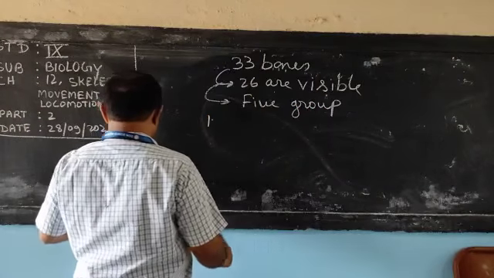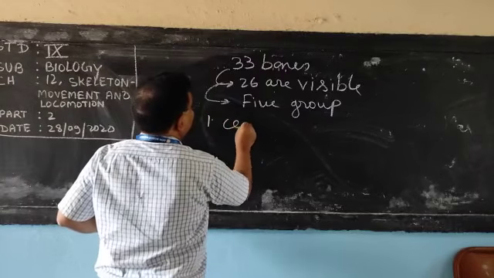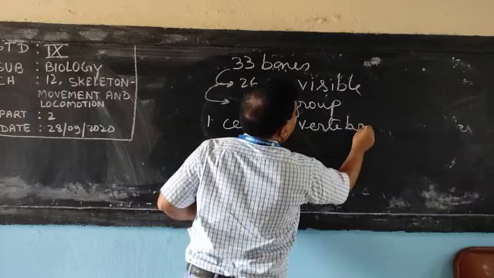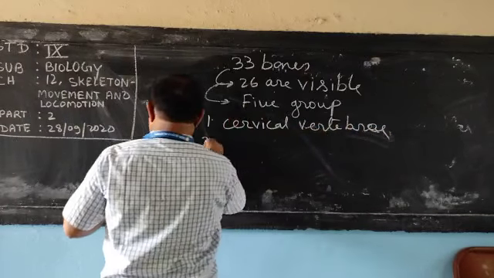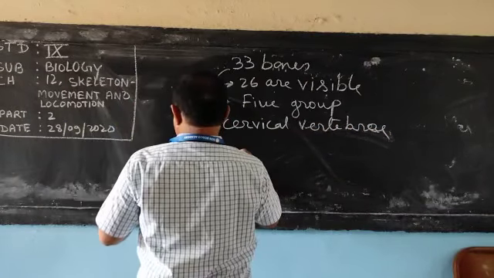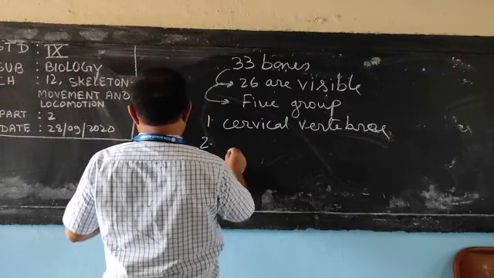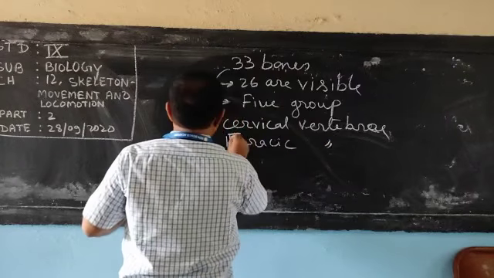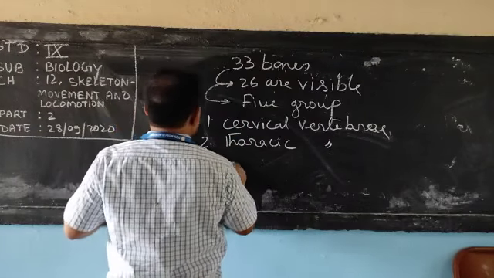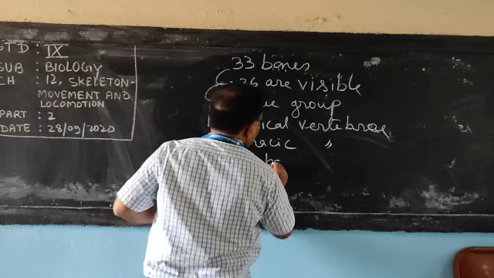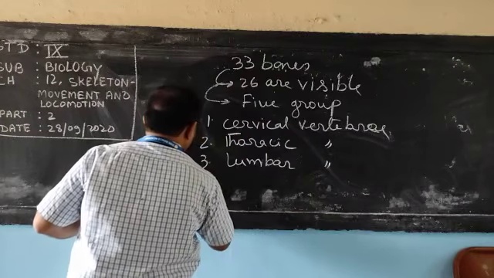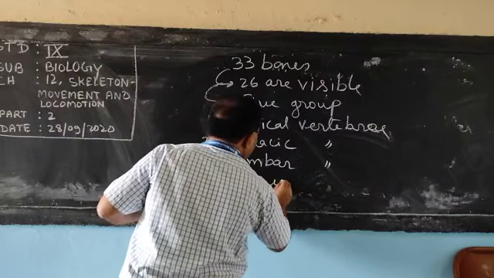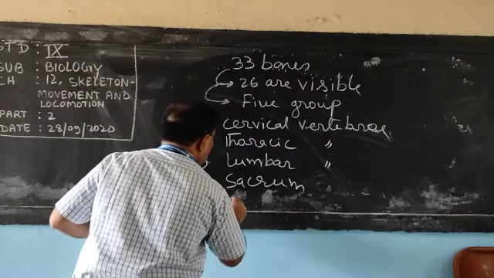Number 1, cervical vertebrae. Next one is the thoracic vertebrae. Third one is the lumbar vertebrae. Fourth one is the sacrum, and fifth one is the coccyx.